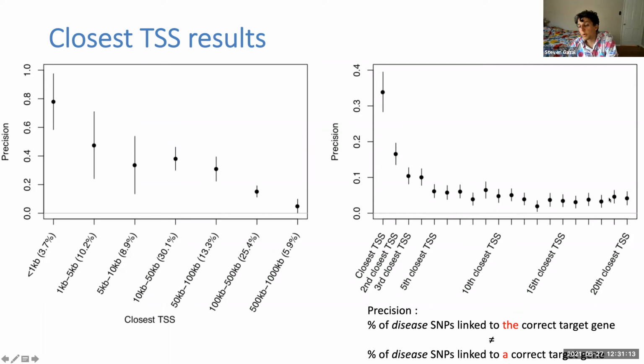And so what does it mean? Our interpretation is that from a certain rank, for example, let's say the 15th closest TSS, we can consider these strategies as linking a causal SNP to a random gene. And in this null scenario, because we have a lot of genes associated to disease, the number that we should have is not 0, but the fraction of genes that are causal for the trait.